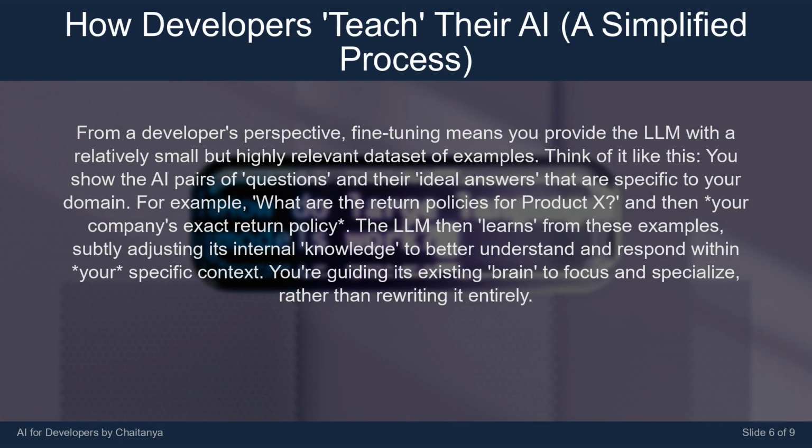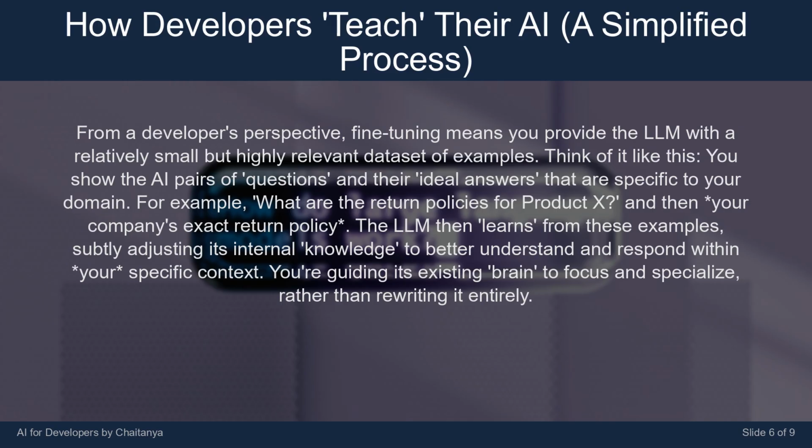From a developer's perspective, fine-tuning means you provide the LLM with a relatively small but highly relevant dataset of examples. Think of it like this. You show the AI pairs of questions and their ideal answers that are specific to your domain. For example, what are the return policies for product X?